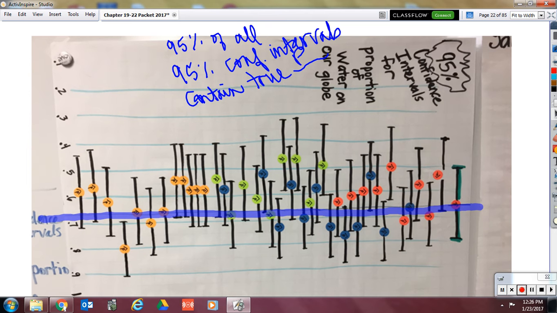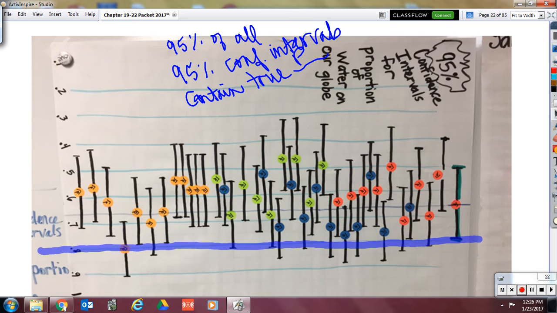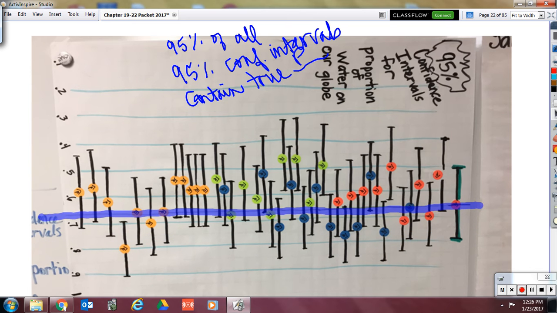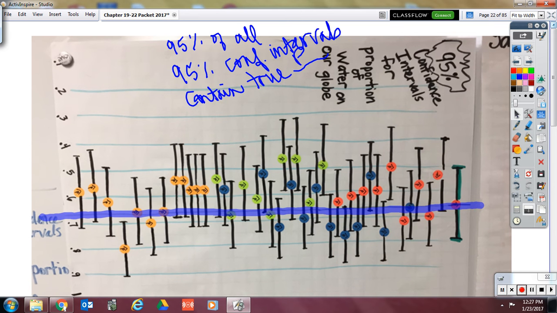So you cannot say there's a chance the real answer is in your interval, because that implies that it might be in your interval or it might not be. That says the true answer is moving around or has the ability to move around. It doesn't. It is fact. It doesn't move. It's your intervals that are moving around.